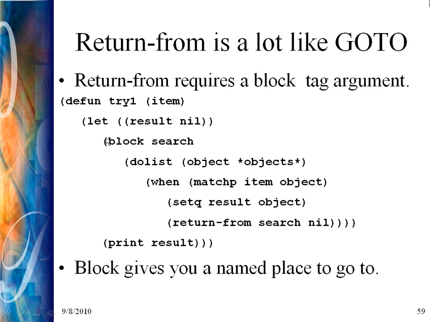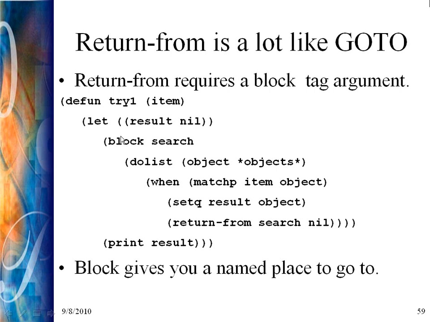Then it sets up a block, and the block goes from this opening parenthesis down to here. All the forms within this block can see the tag called search, and if you say return from search, it will jump outside of this block and so basically jump to the location which is just after this closing parenthesis.